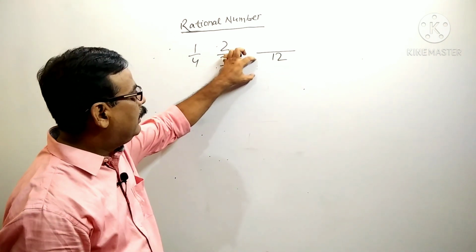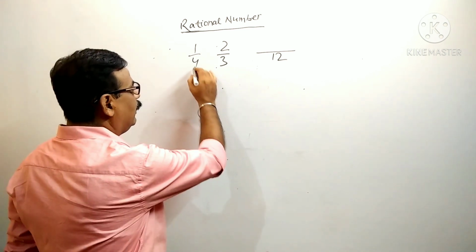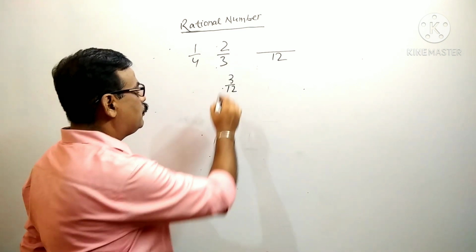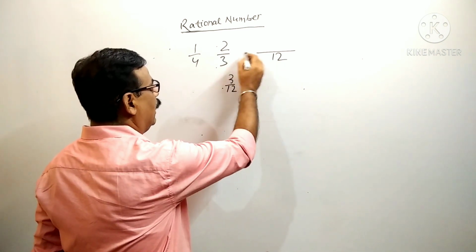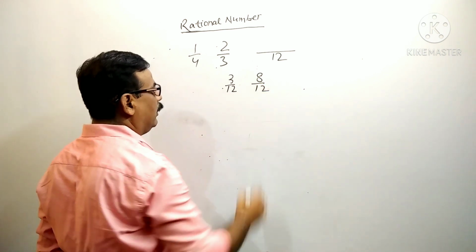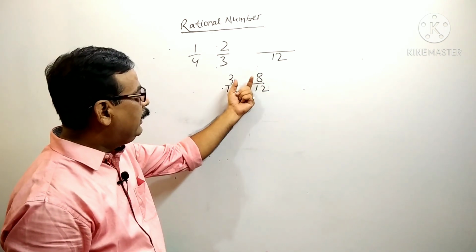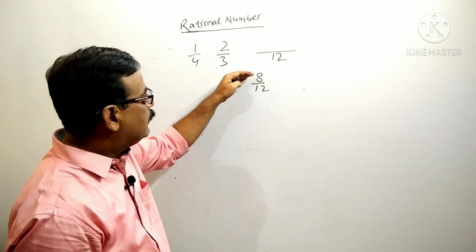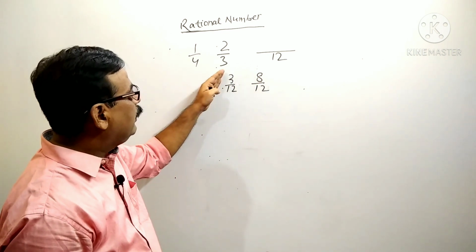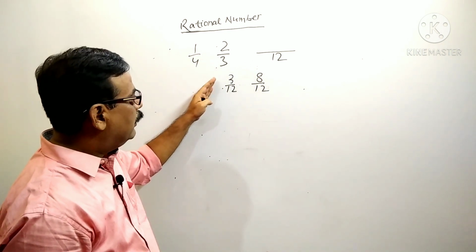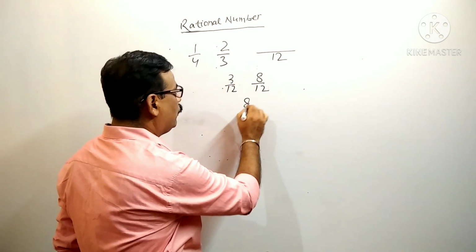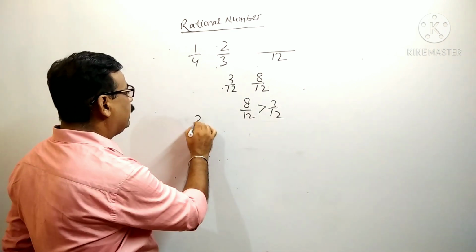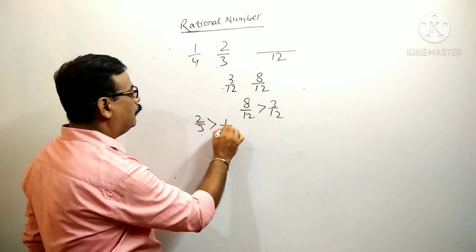The first rational number will be 3 by 12, and the second rational number can be expressed here as 3 4s are 12 and 4 2s are 8 by 12. Now the denominator is the same, so easily you can understand from the numerator which is the greater rational number and which is the smaller. So 8 by 12 is greater than 3 by 12. So we can say 2 by 3 is greater than 1 by 4.